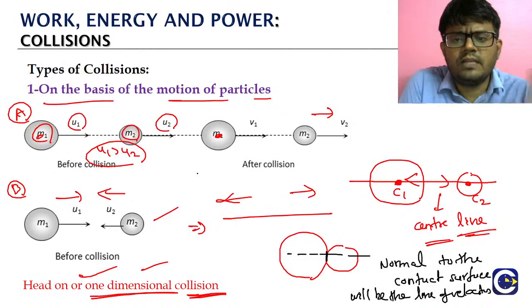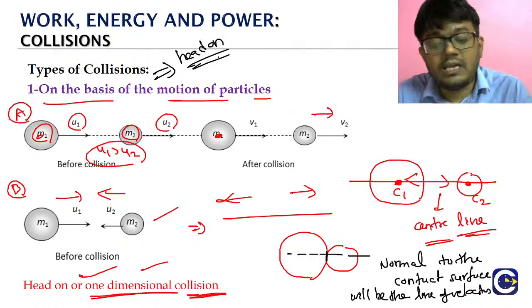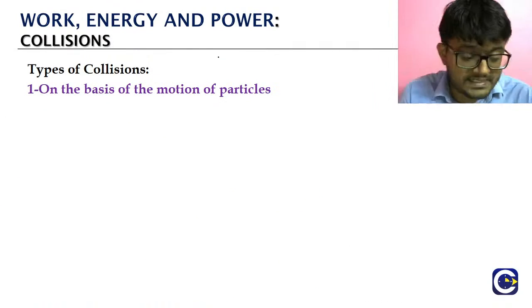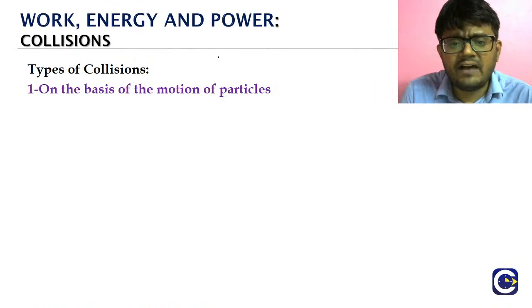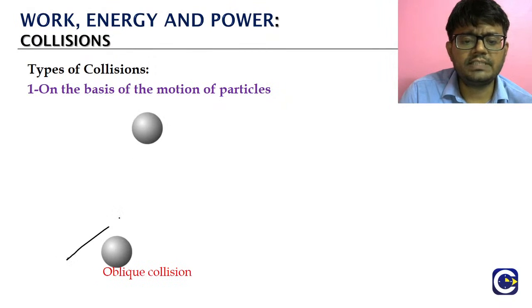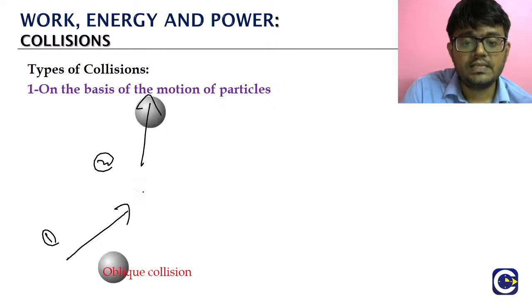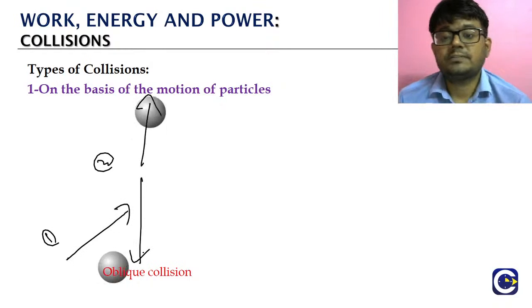Now we'll try to study mostly this head-on collision. The other type of collision is when, for example, the object is coming along this line and colliding with another; let's number them 1 and 2. After collision, 2 is going like this and 1 is going in a different direction.